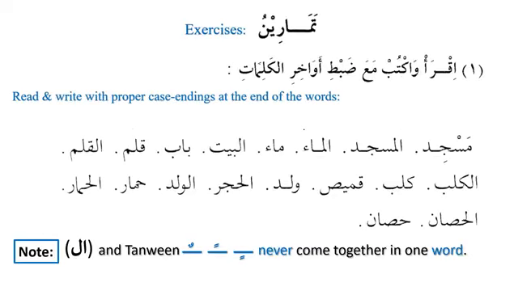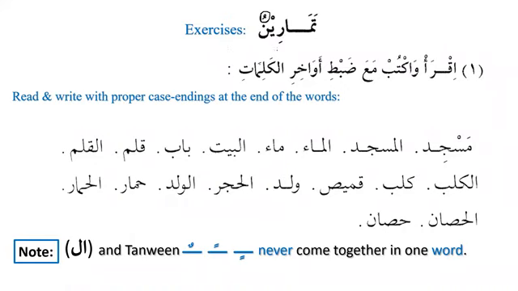Tamarinu, exercises. Tamrinun is singular and the plural is tamarinu. And now you should notice over here that it is not tamarinun, it is tamarinu. So it does not have tanween. So when a noun does not have tanween, what should come to your mind? That it is partially flexible. Partially flexible nouns do not accept tanween, like Ibrahimu, Ismailu, Ahmadu.